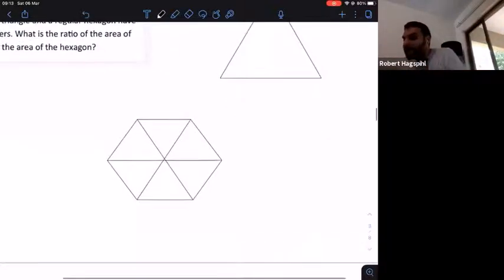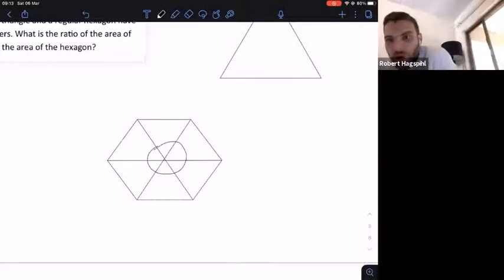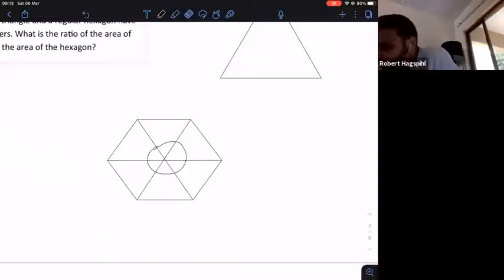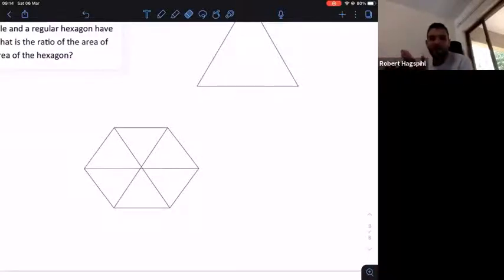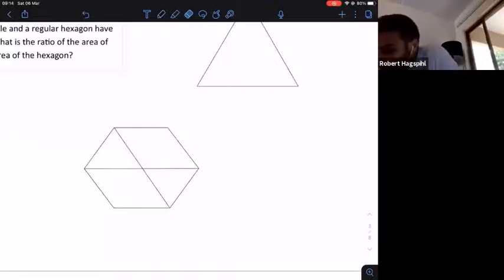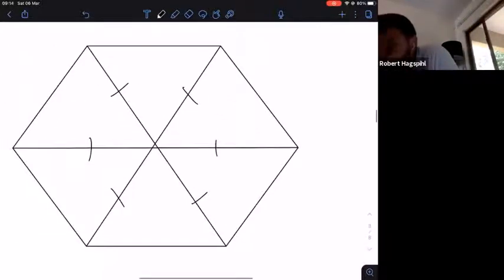All right, is everybody with me that this is a revolution, and so all of the angles must add up to 360, but the way that I've drawn it, does everybody see that all of those triangles must be equal, right? So I know that this must be equal to this, must be equal to this, must be equal to this, must be equal to this, must be equal to this. And so all of those triangles are congruent triangles. And so what I'm thinking is that if I divide 360 by 6, I'm going to get 60, 60, 60, 60, 60, and 60.